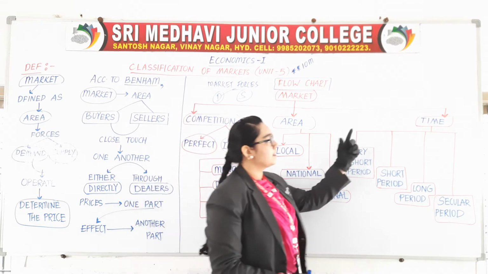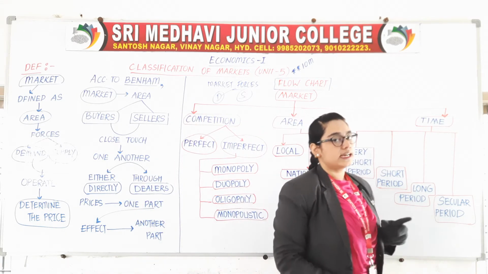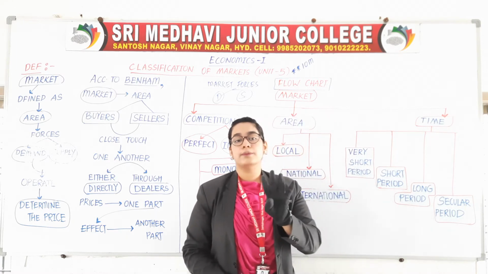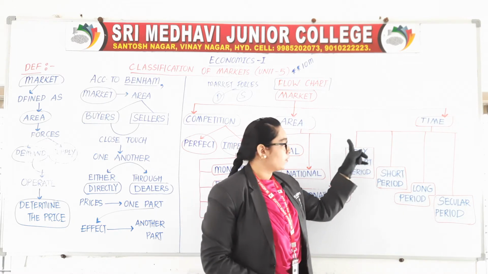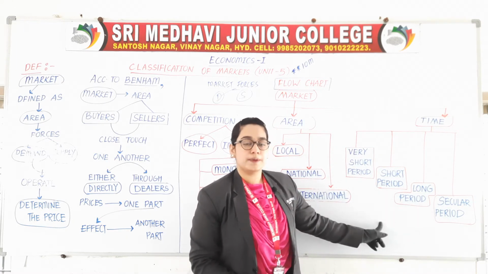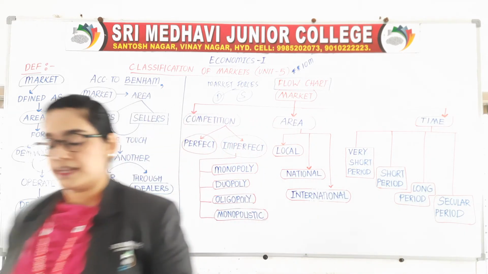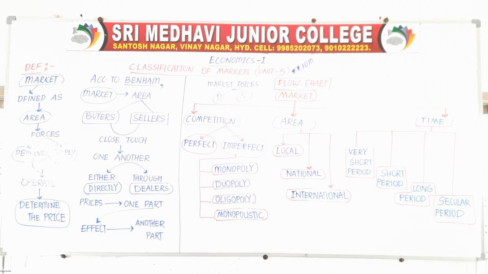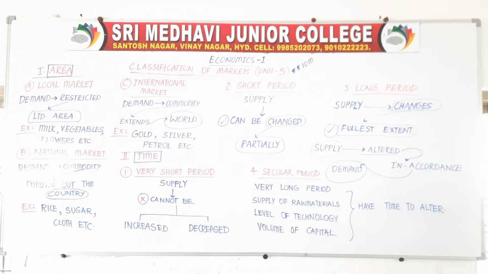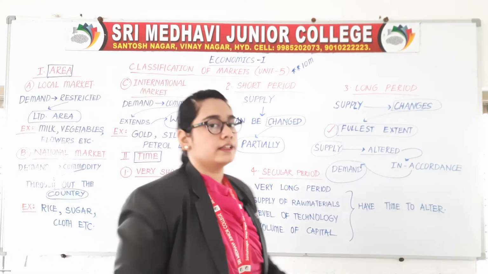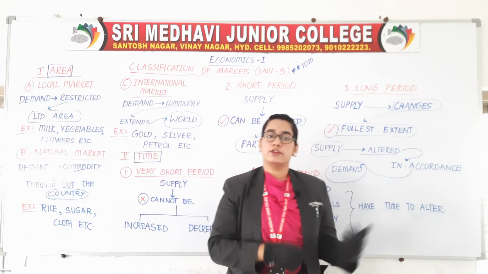Then finally, based on time, markets are classified into four subgroups, that is very short period, short period, long period, and secular period. So we have completed the definition as well as the flow chart.